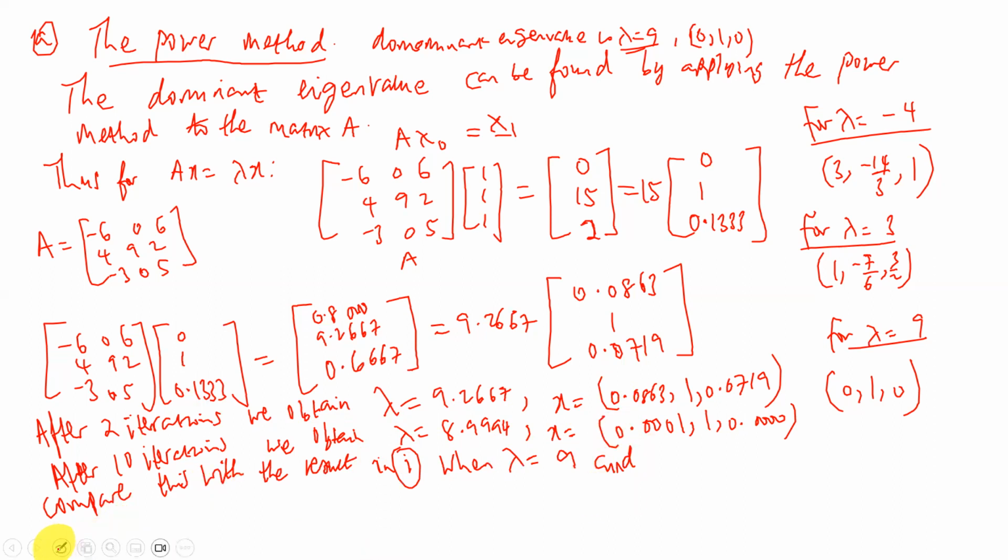Okay, because we got the eigenvector to be 0, 0, 1, 0. We got 0, 1, 0. When lambda equals 9 and p equals 1, and that is a 0, 1, 0. Okay, because we got 0, 1, 0. And that means p is 1. Sort of. Okay, to get that eigenvector.